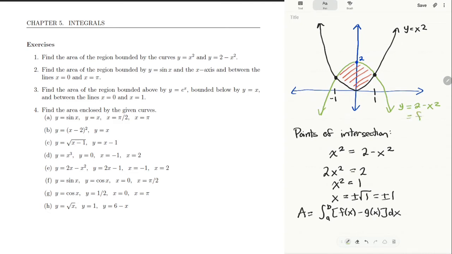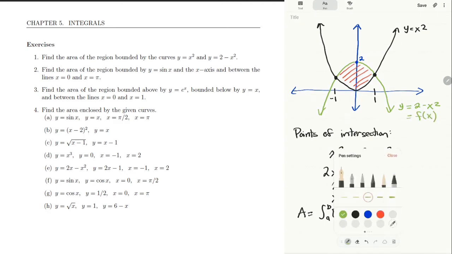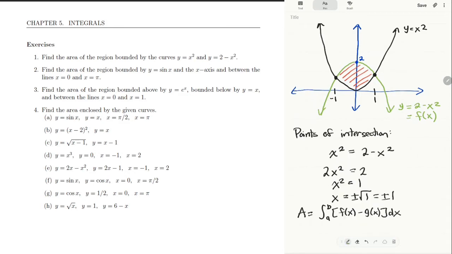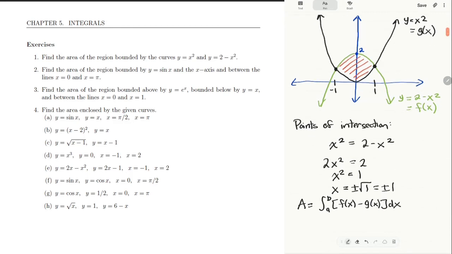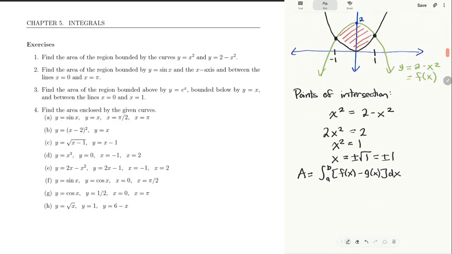So this is what we will call our f of x. And the lower function is the parabola y equals x squared. And so this is what we will call g of x. And so the area is going to be the integral from -1 to 1 of 2 minus x squared minus x squared.